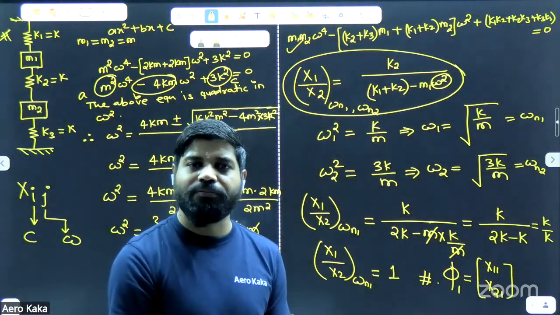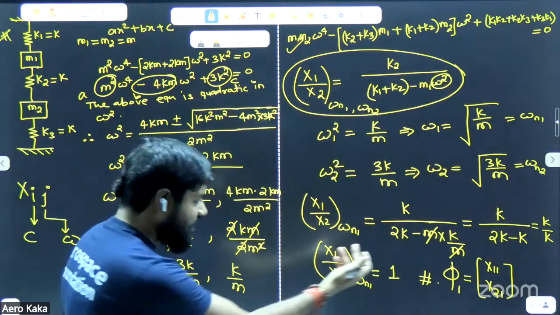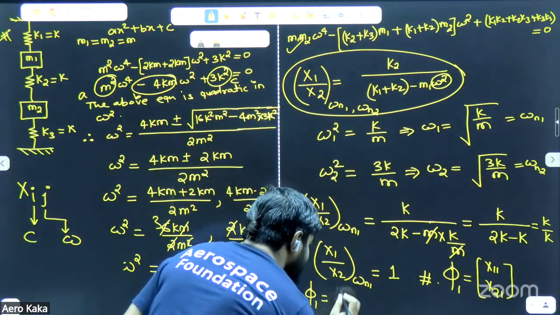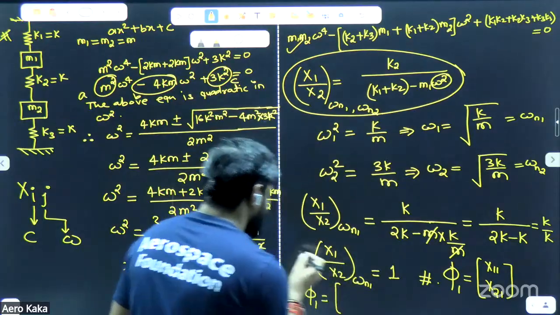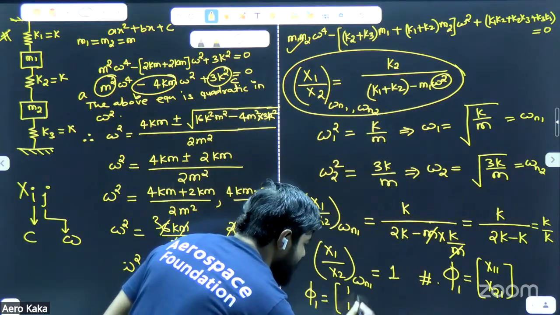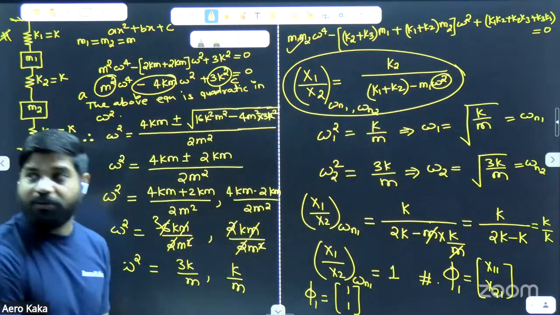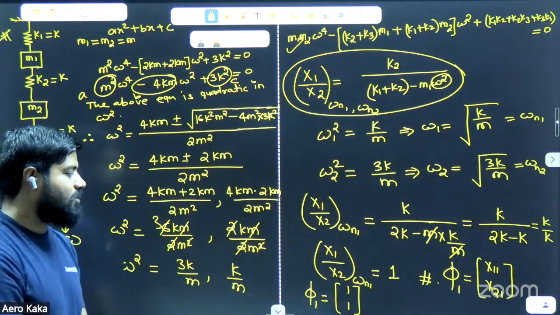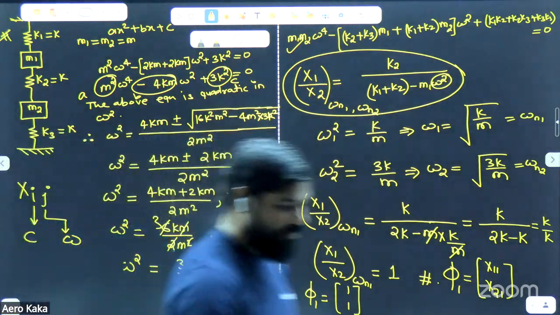Any problem? So we can also write in matrix form, and again I can define what this phi 1 is going to be. From here, simply you are getting x1 is equal to x2. It means I can write in matrix form like this only. Done? First say yes or no, sir.